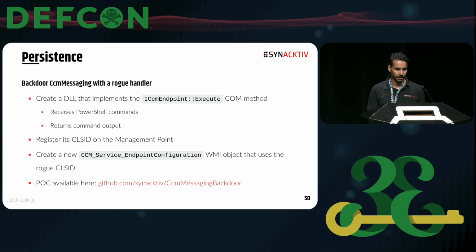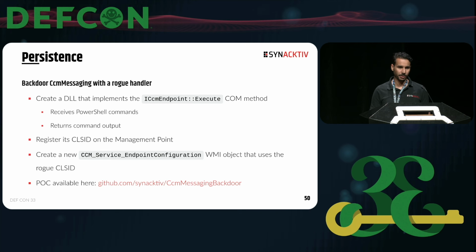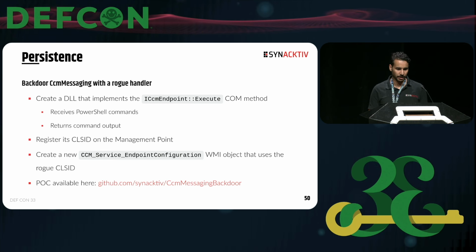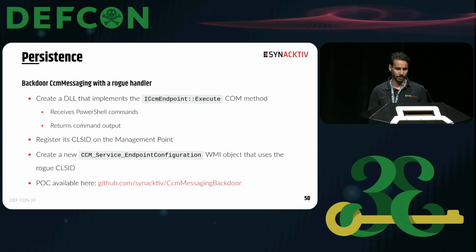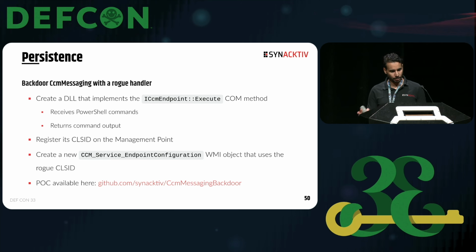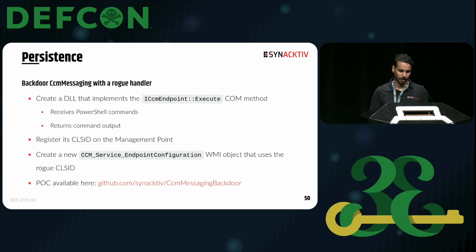In this example, the method will receive PowerShell commands and return the commands' output. Then you have to register the CLSID on the management point. Then create a new CCM service endpoint configuration WMI object that uses that rogue CLSID. And the POC is available on our GitHub, so you can grab it if you want to test it.